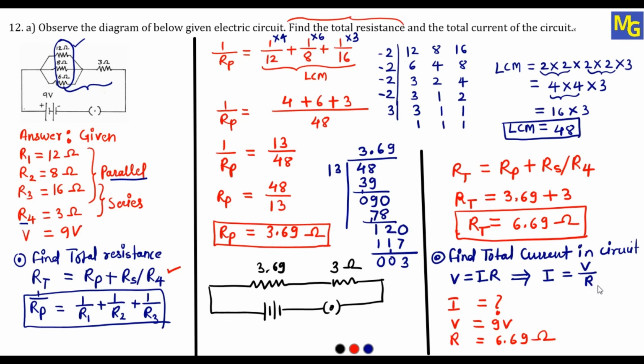These are the values I have to substitute. Let me solve it on another page, because it will be a little lengthy and I have to show the calculations. So I'll write it once again here so that you do not get confused. Find total current in the circuit. What is the formula?